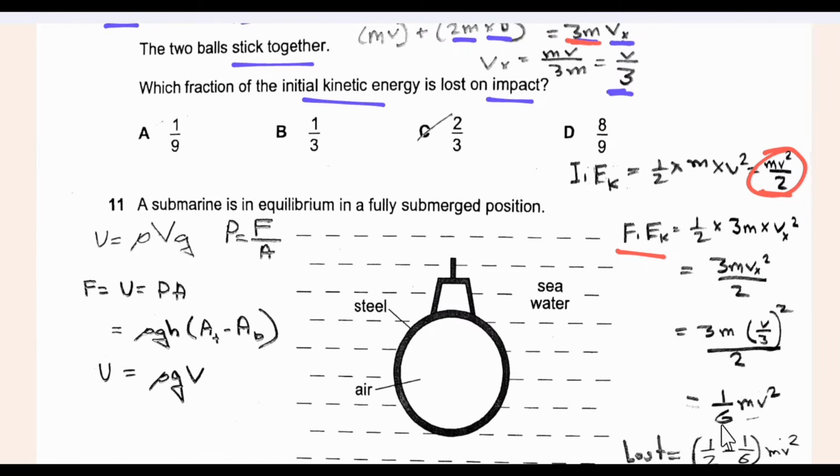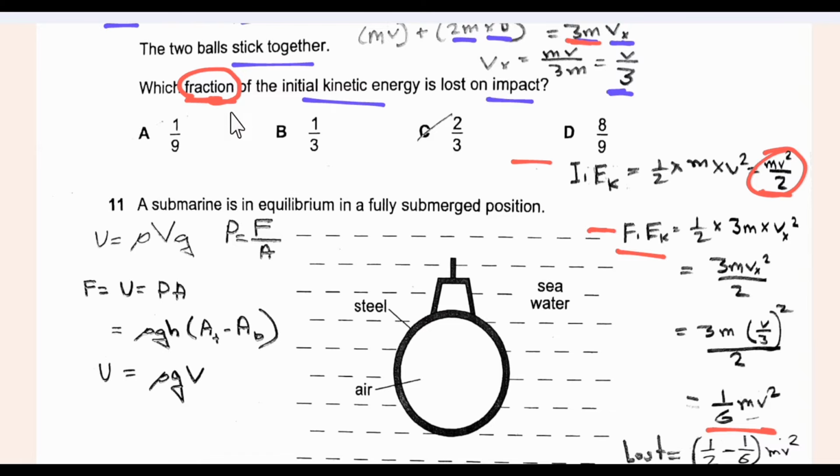After calculating, this is the final kinetic energy, and we need to find what fraction of the initial kinetic energy is lost. That means we know the initial kinetic energy and the final kinetic energy, and we need to find the fraction. What is a fraction? Fraction is some value divided by some value.